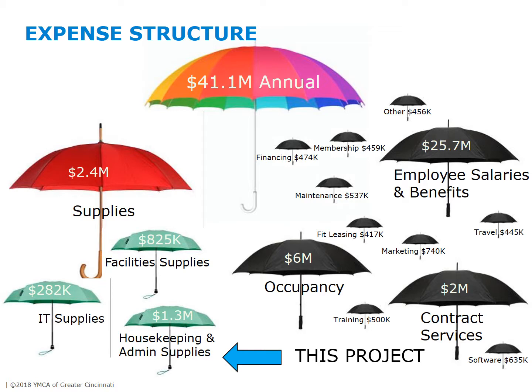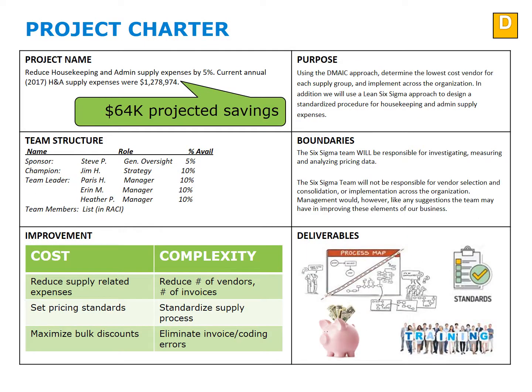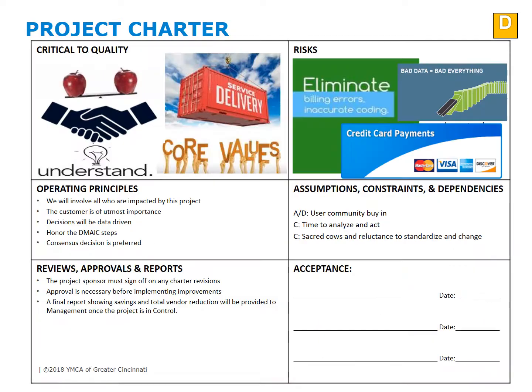The project charter shows a goal of reducing housekeeping and admin supply expenses by 5%. The current annual expenditure was about $1.3 million, so the goal is $64,000 annually. You can also see an overview of the purpose, improvements, and deliverables in this document. The rest of the charter shows other aspects of the project, such as risks and assumptions.